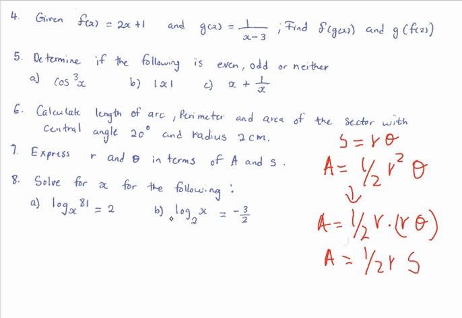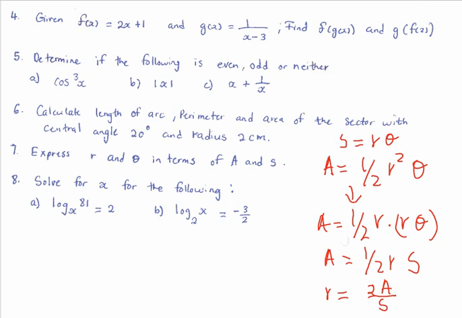So from this, you can then easily solve for r in terms of a, which is the area, and s, the arc length, right? And we agree that you're going to have 2 times the area over arc length. So that's how you're going to do it for the radius r.